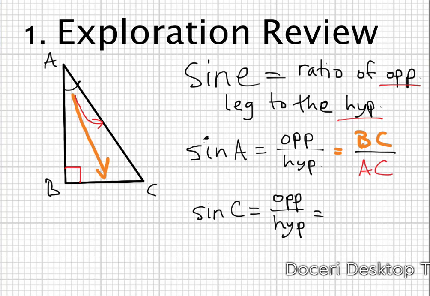Because I am going from angle C, I'm going to have my opposite leg. So if I start from angle C, my opposite leg is going to be AB. And you'll notice the hypotenuse still stays the same, so this is over AC. Okay? So my sine of A would be BC over AC. My sine of C would be AB over AC.